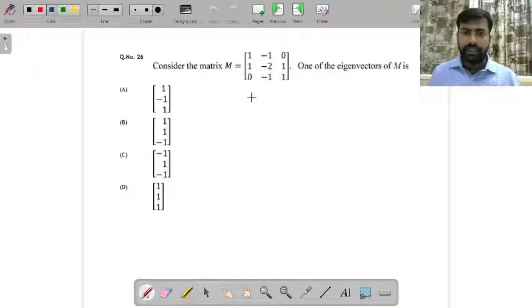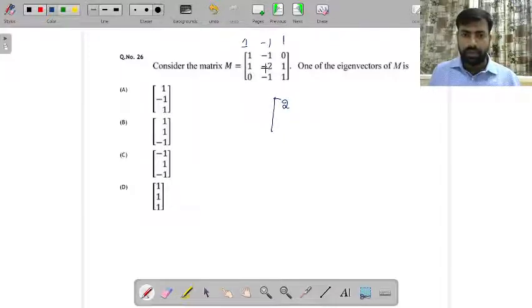You can see that M times the first option, that is 1 times the first column plus negative 1 times the second column plus 1 times the third column. So when you add it, what is the result? I get 2 here because 1 plus 1, 2.